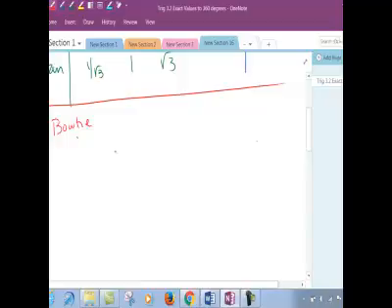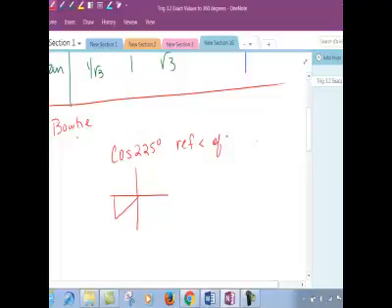This time I want to know what is the cosine of 225 degrees. We know that a 225 degree angle has a reference angle of 45 because 225 degrees is 45 degrees past 180. Hopefully that makes sense.